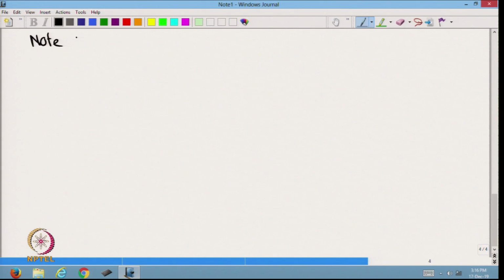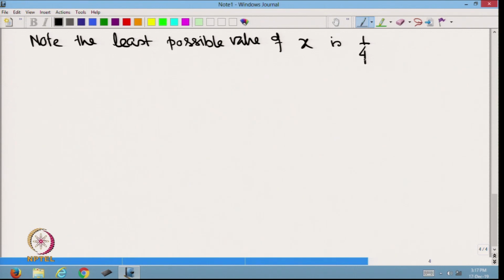Note the least possible value for x is 1 by 4, because if x is less than 1 by 4, then the length of the first segment is going to be less than 1 by 4.